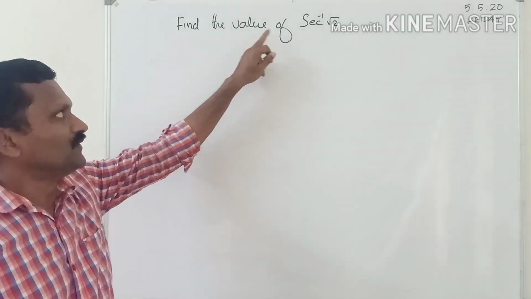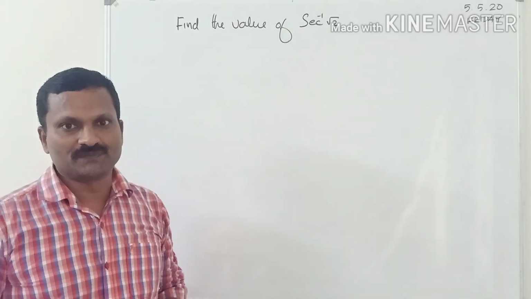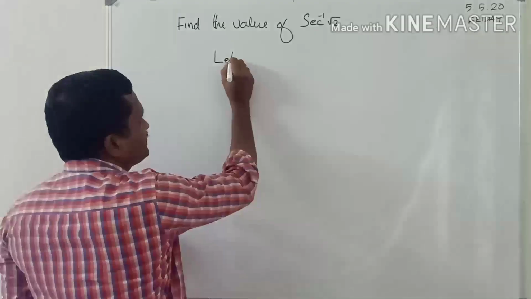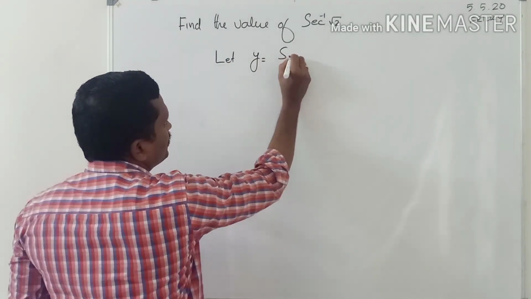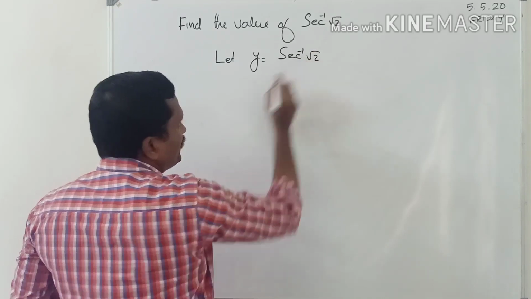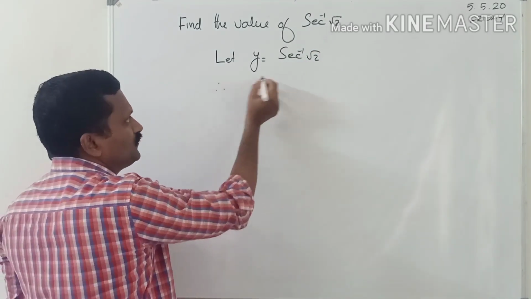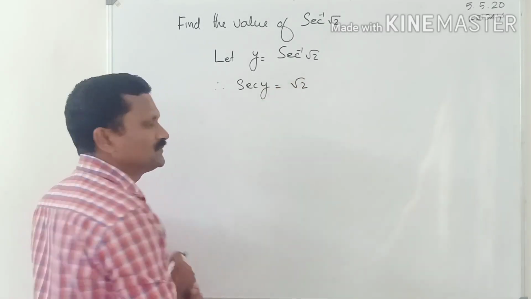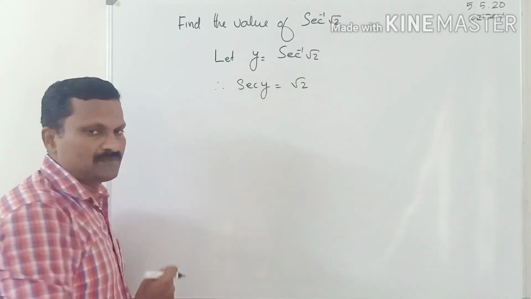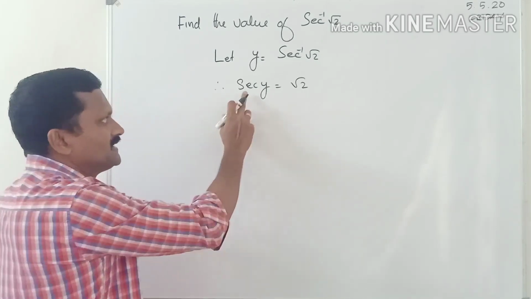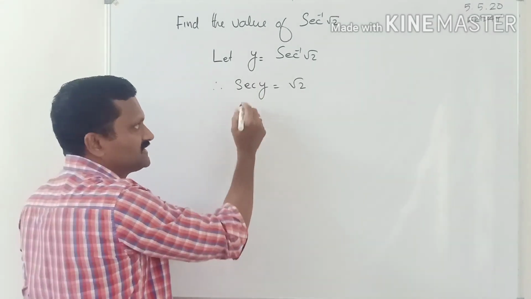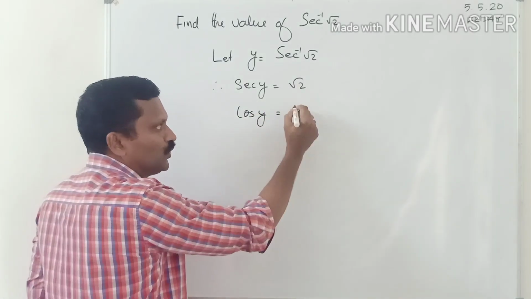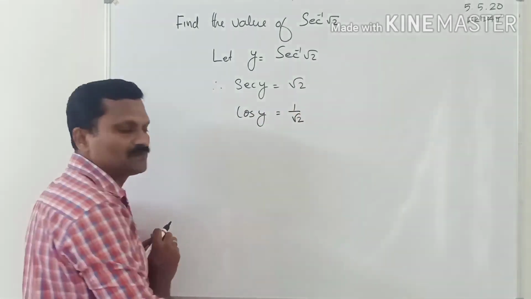Find the value of sec inverse root 2. Let's see the answer. Let y equal to sec inverse root 2. Therefore we can write sec y equal to root 2. Take reciprocal on both sides. Sec y becomes 1 by sec y, that is cos y, equal to root 2 becomes 1 by root 2.